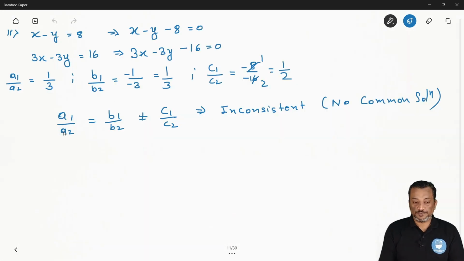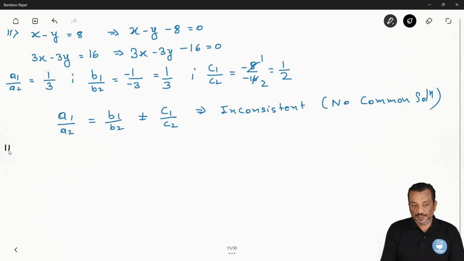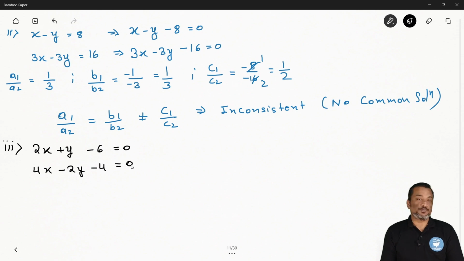The third one: 2x plus y minus 6 is equal to 0, and the second equation, 4x minus 2y minus 4 is equal to 0. And the best part, both are given in standard form, so no need to convert. We can directly go and find the solution.